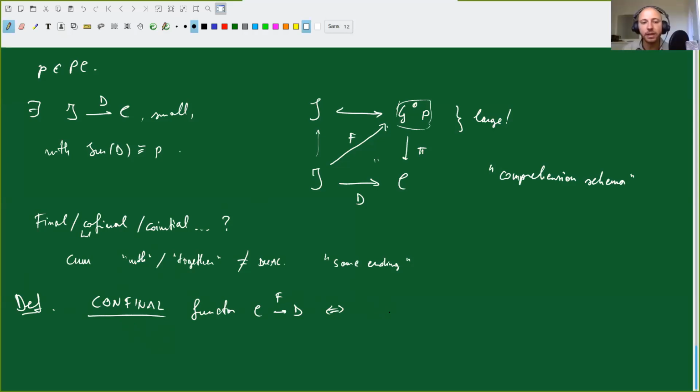Or equivalently, for every G from D to E, the colim of G compose F is the same as the colim of just G. And of course, if one exists, the other one exists, and they are isomorphic.